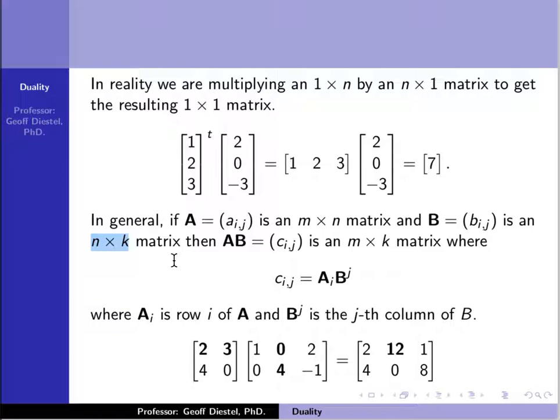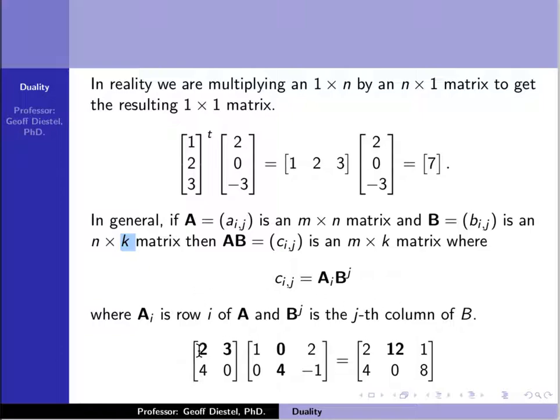It's because we take each row of the first matrix and multiply it by the column of the second matrix to get the entry of the new matrix. Below here, we've got a 2 by 2 matrix times a 2 by 3 matrix, so the result should be a 2 by 3. In general, if I multiply an m by n matrix times an n by k matrix, I will get an m by k matrix.